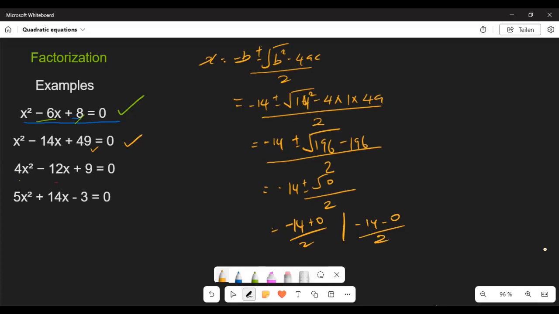So x equals minus 14 over 2, which is minus 7. And the other side also gives us x equal to minus 7.